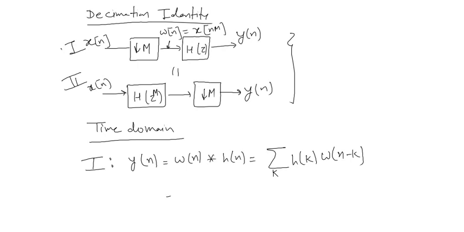Just substitute that, and what you get is x of (n minus k) times M. Is that fine?